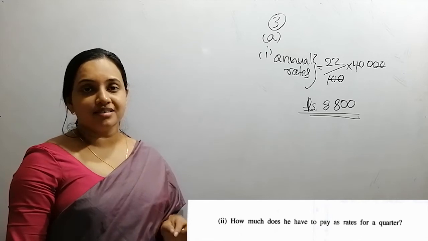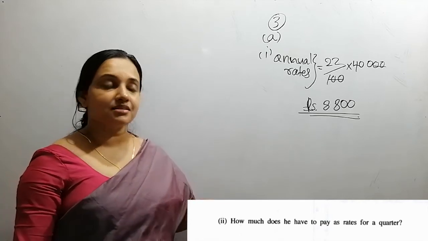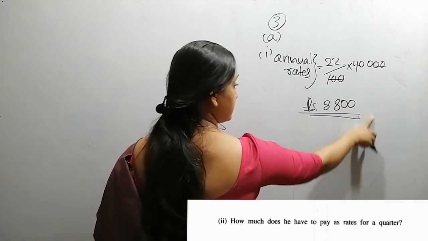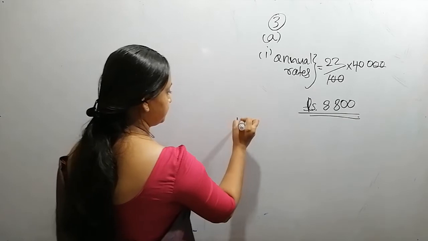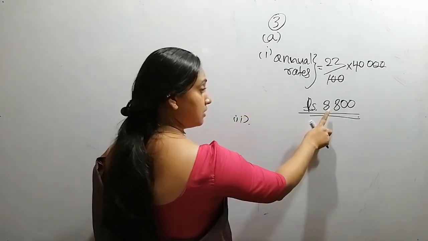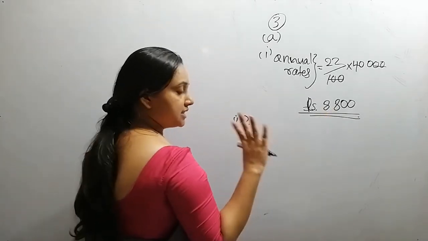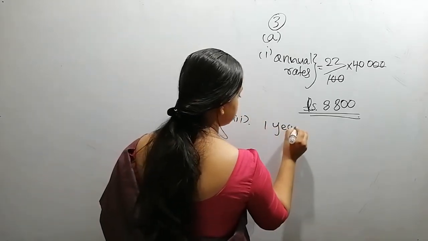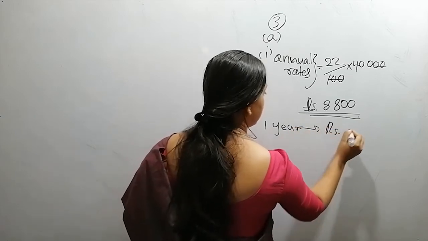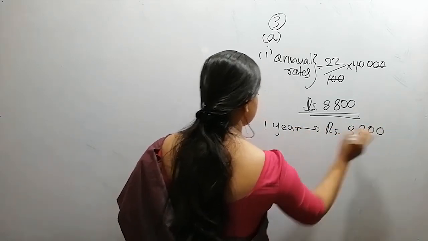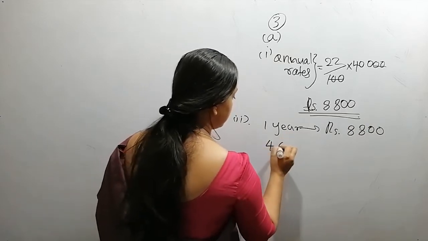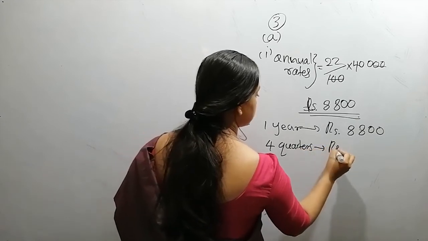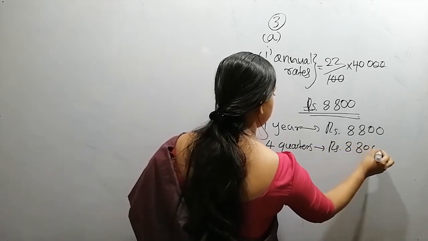Then part 2. How much does he have to pay as rates for a quarter? There are 4 quarters per year. That means this is the amount he pays annually, and this amount pays for 4 quarters per year. Annual means for 1 year he pays 8,800 rupees.